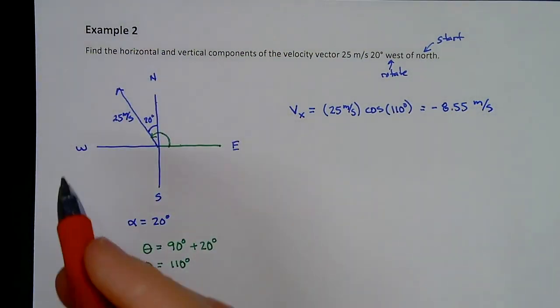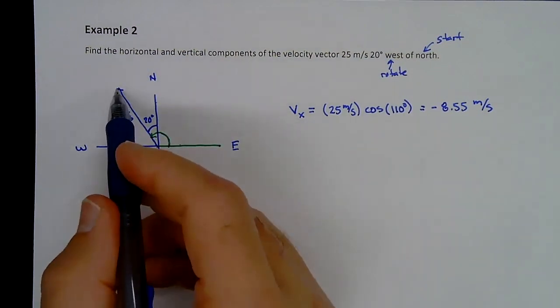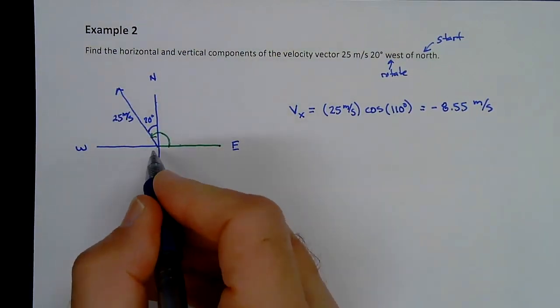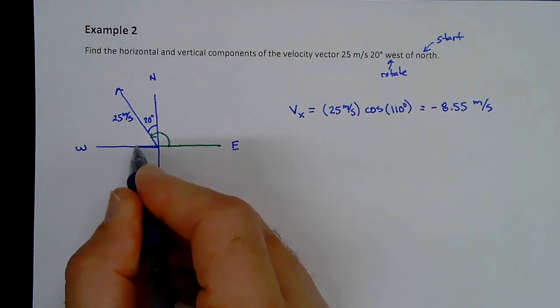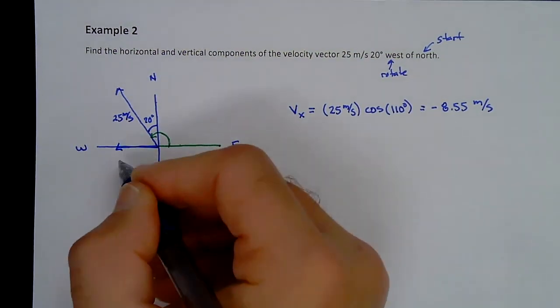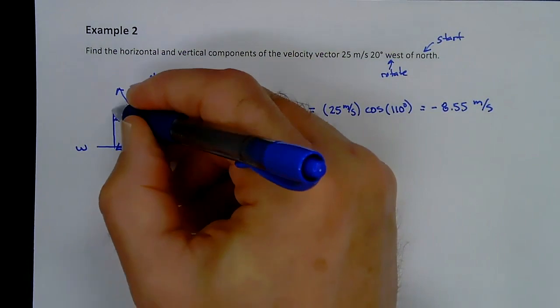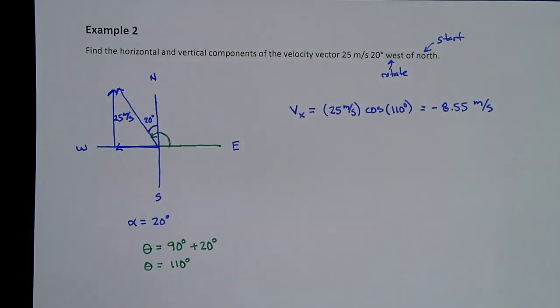That should make sense, because using the head and tail method of adding vectors, we have to go to the left and then up.